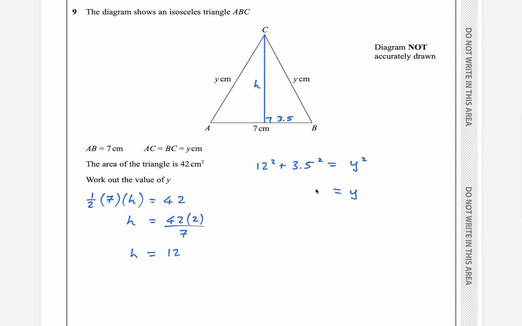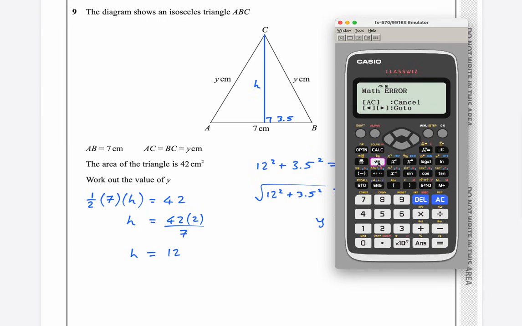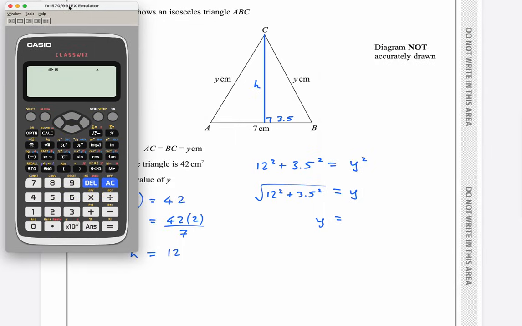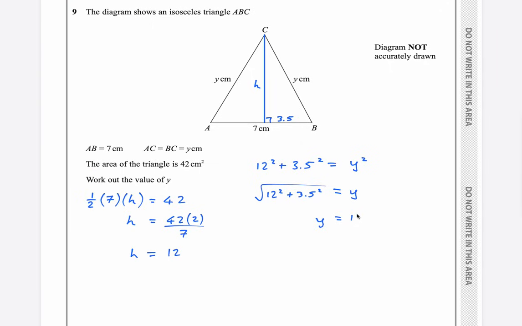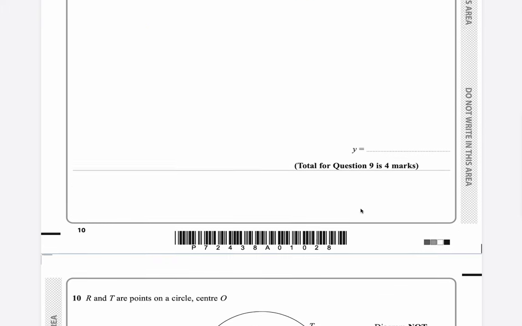And then y is equal to the square root of 12 squared plus 3.5 squared, which is 25 over 2, or 12.5. Okay, that's question 9.